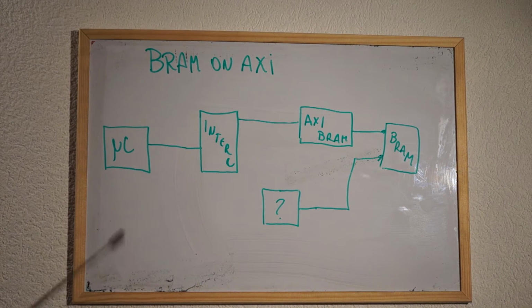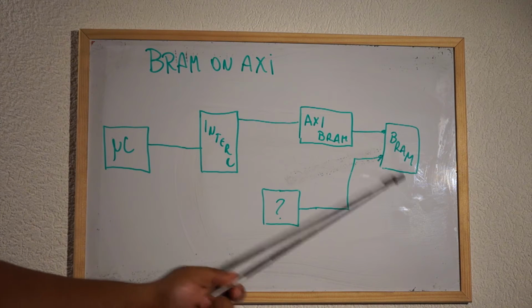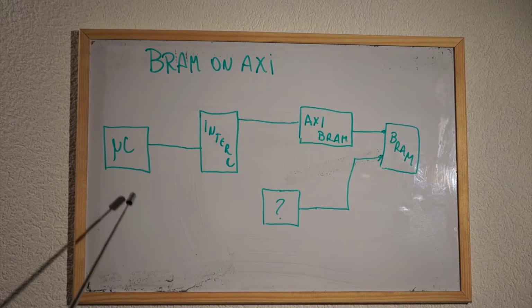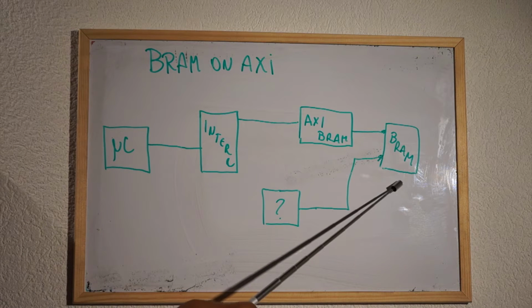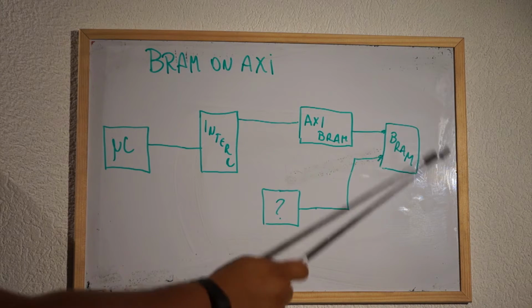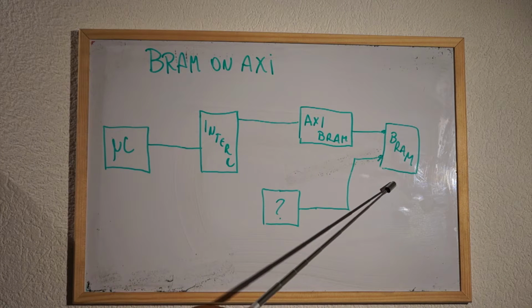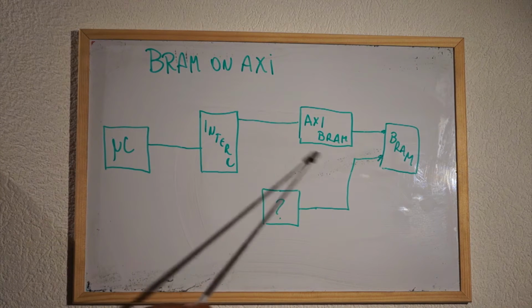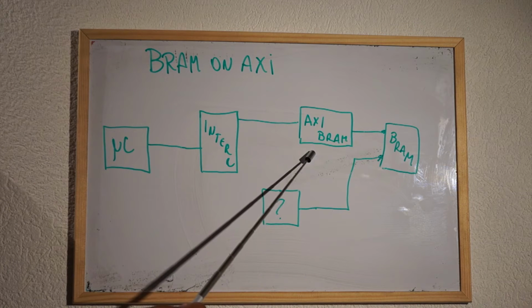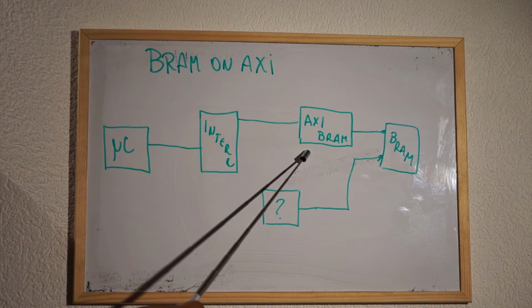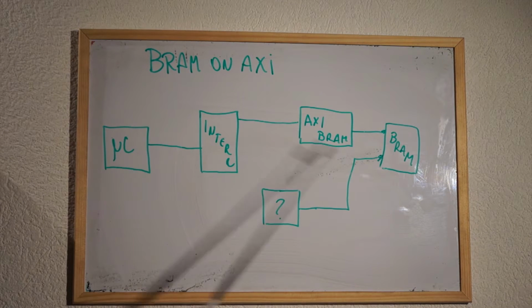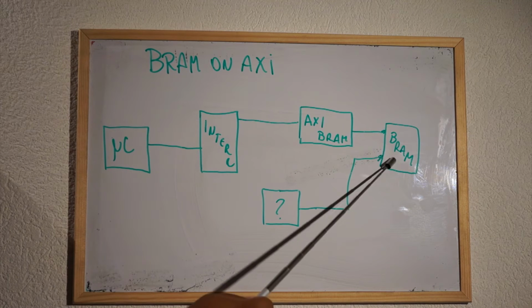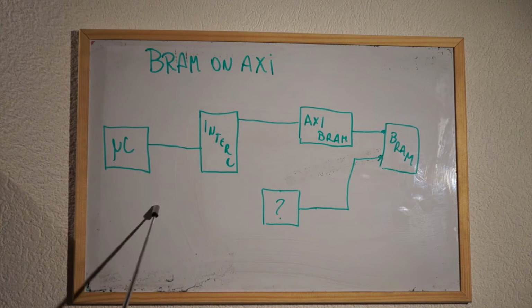So, how do we access the block RAM from our microcontroller, Zynq, or MicroBlaze or whatever? You have the BRAM generator IP core. You need to use the AXI BRAM controller, which is going to allow the Zynq or MicroBlaze to see the BRAM mapped into the ARM memory space.